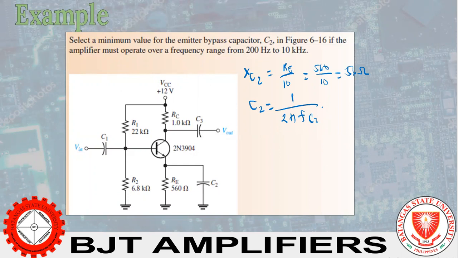Okay? So, XC2 to. So, we have C2 of 1 over 2 times pi, 2 pi natin, times yung frequency range natin, which is 200 for minimum, times yung ating XC2 na 56.